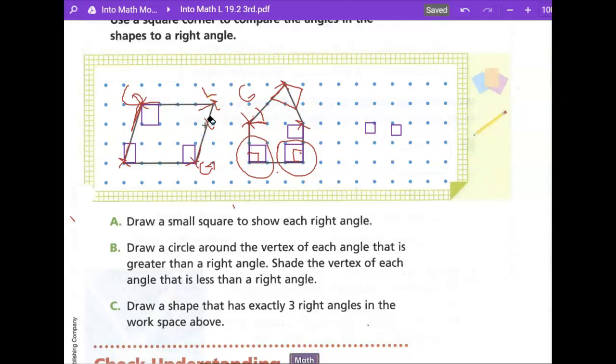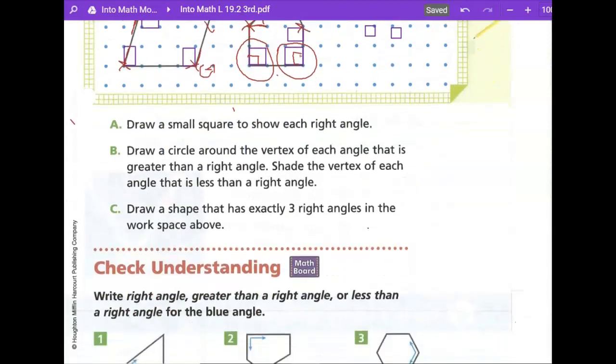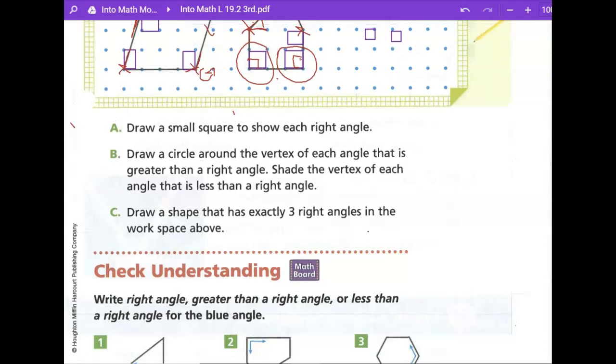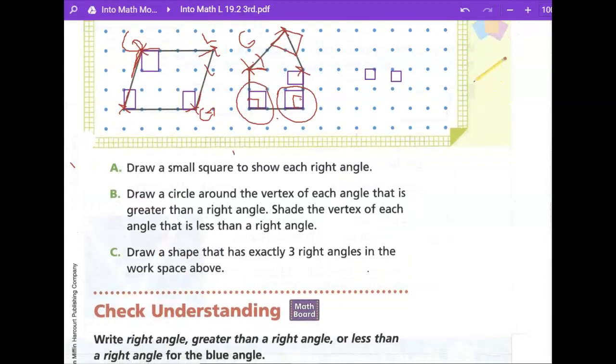Okay. Draw a shape that has exactly 3 right angles in the workspace above. Can you do that? Oh, did I skip a page?